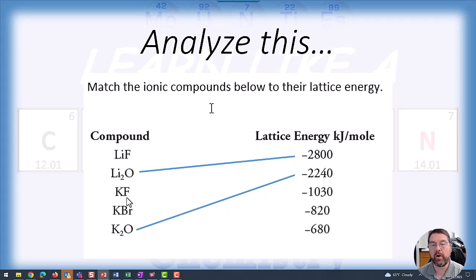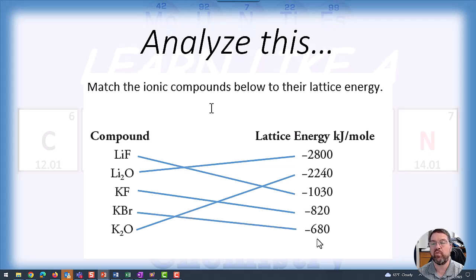So the smallest ions are going to have the highest lattice energy because they're going to be closer together. So lithium fluoride would be next, followed by potassium fluoride because you still have that small fluoride ion. And finally, potassium bromide, bromide being larger than fluoride, would bring you to this last lattice energy.